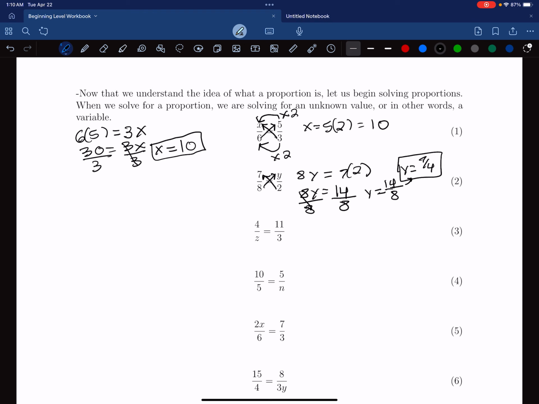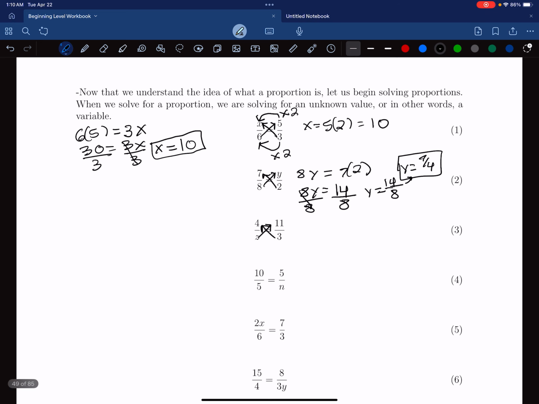Okay. Looking at example 3, we're going to cross multiply. Right. We have example 1 here, example 2 here, and then example 3 is over here. I do apologize, it is a little messy.